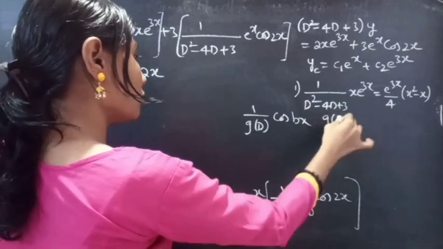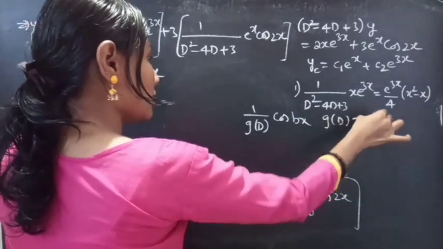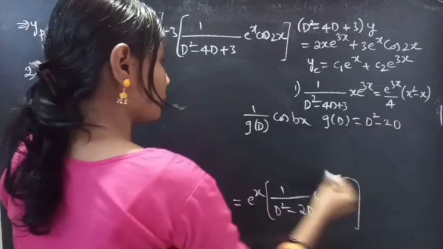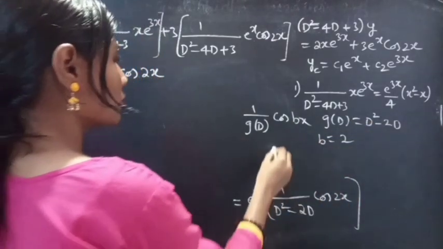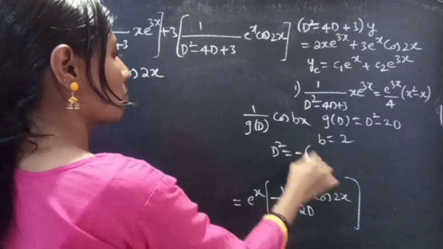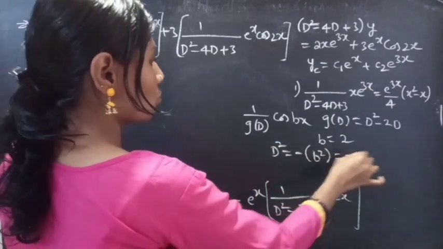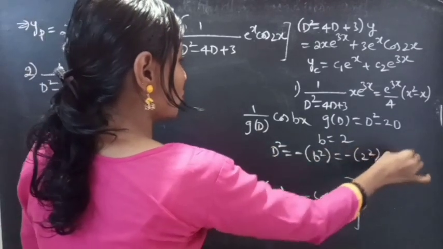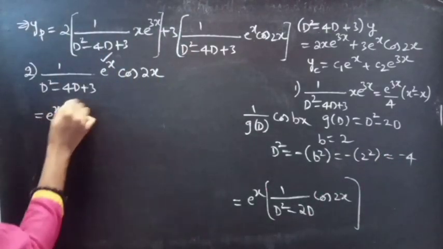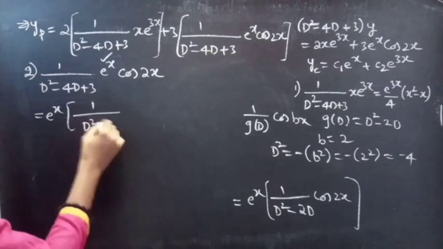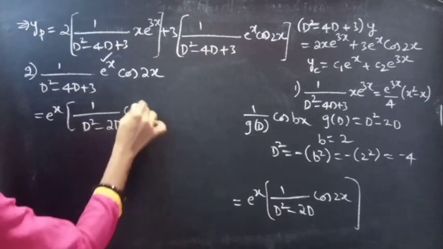Where g of d equals d square minus 2d and b equals 2. For b equals 2, we'll find d square, which is given by minus of b square, which equals minus of 2 square, equals minus 4. Okay, we are having e power x into 1 by d square minus 2d into cos 2x.